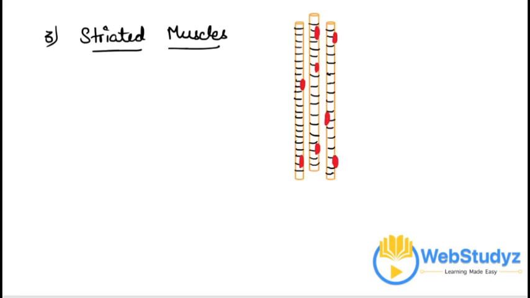Now the third type of muscle fiber which is present is called the striated muscles. Striated muscle fibers. So let's draw a diagram. This is the diagram of the striated muscles, and these markings which we are able to see are called striations, or we can say bands.